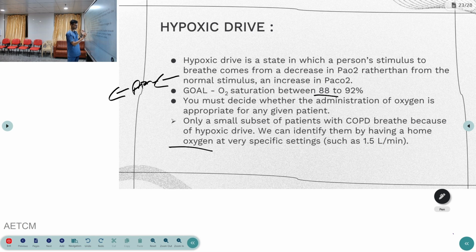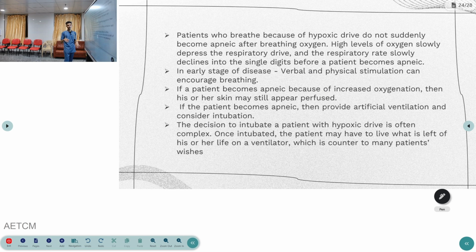First, the person who has LTOT, long term oxygen therapy, at home itself, who were previously taking, say, 1.5 liters of oxygen by nasal prongs continuously. For them you can administer the oxygen during transport.